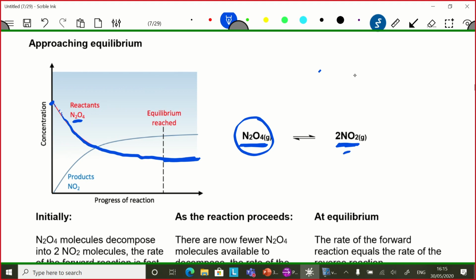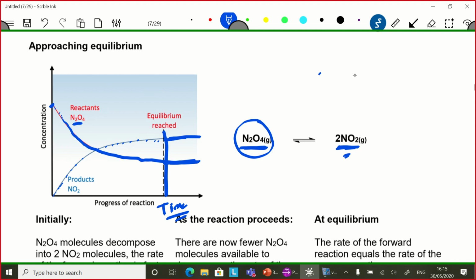At the same rate, we're going to find that the NO2 is being formed, again increasing, and then suddenly you're going to reach what? A plateau as well. So at this time, this is where the equilibrium has occurred. Again, I keep repeating this. Equilibrium happens here because the rate at which the N2O4 is breaking down to form NO2 is happening at the same rate as the NO2 recombining to form the N2O4.